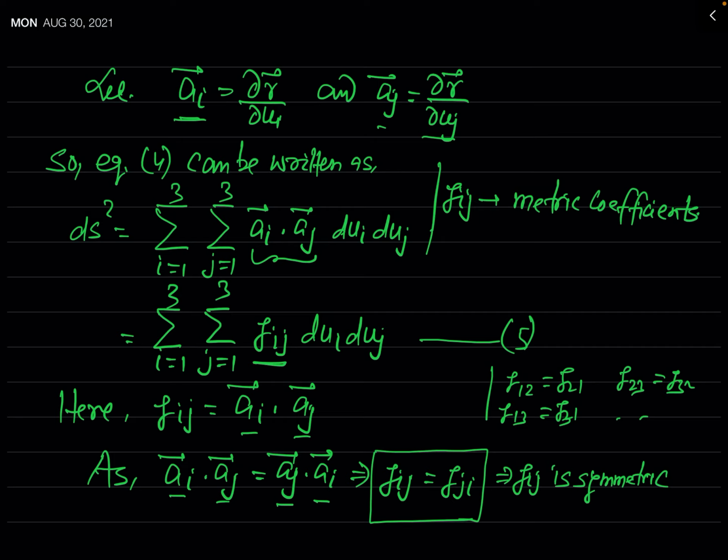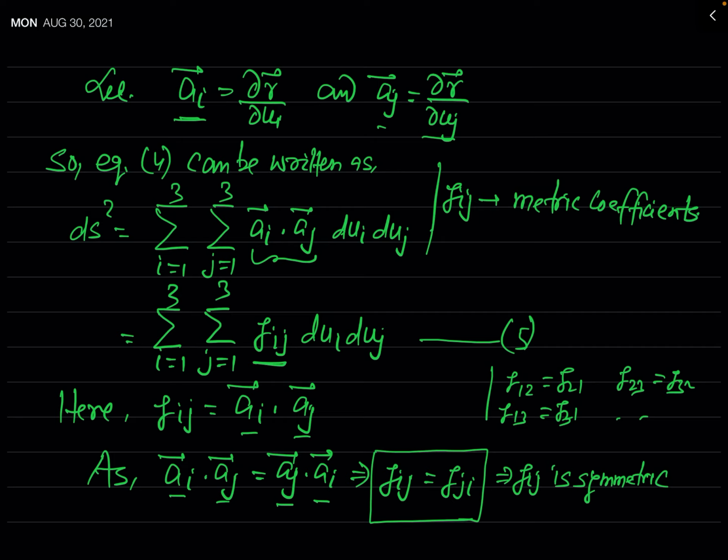Actually, when we consider general curvilinear coordinates, then these ai and aj, which we have considered instead of del r by del ui and del r by del uj, may vary in direction and magnitude both from point to point. So the value of gij will depend on the relative nature of the space.